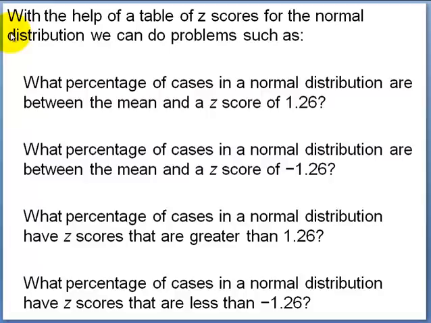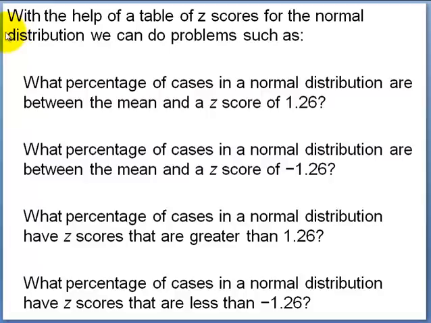And we were doing those percentage problems for the normal distribution. So indeed, if we have a normal distribution, we can use a table of z-scores, and we can do the very same kind of calculations for z-scores, not just for scores precisely 1, 2, or 3 standard deviations above or below the mean.